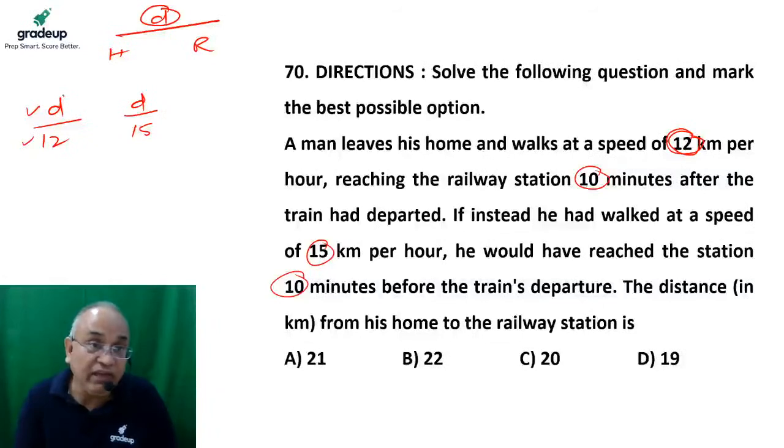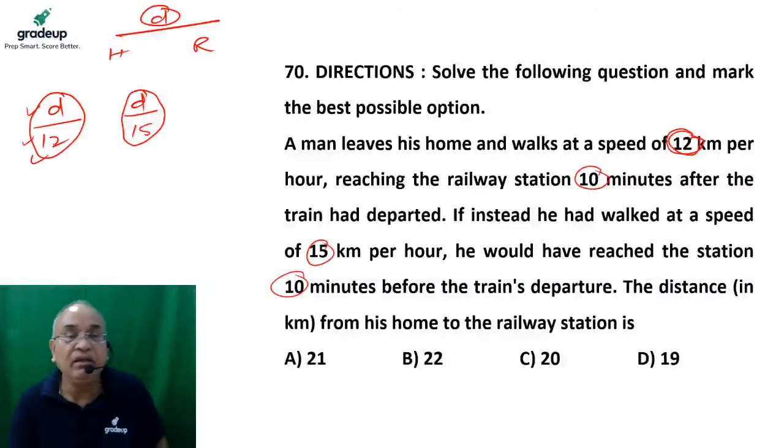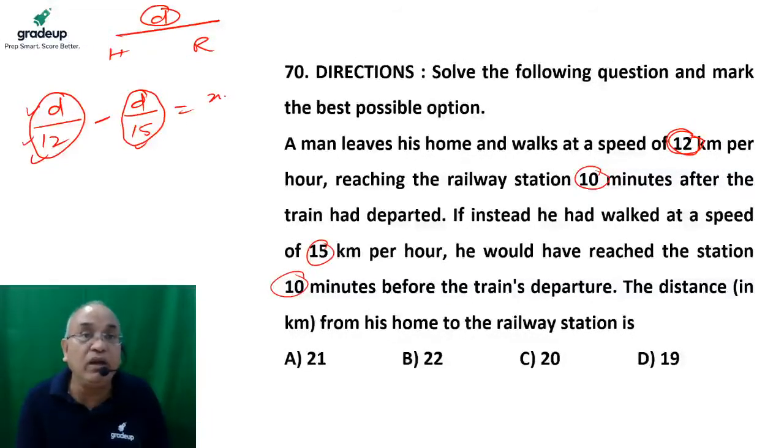At 12 he would be late by 10 minutes, and at 15 he would be early by 10 minutes. It means there is a difference of 20 minutes between the two timings.